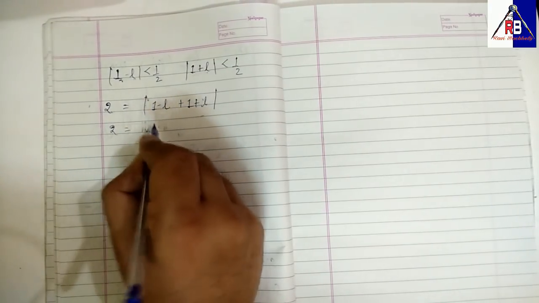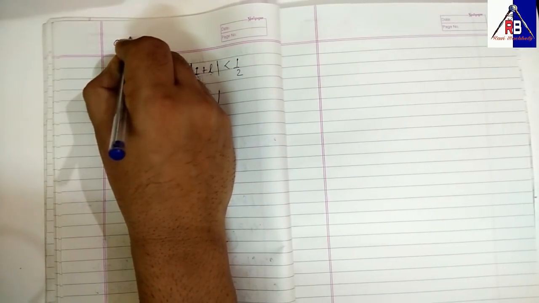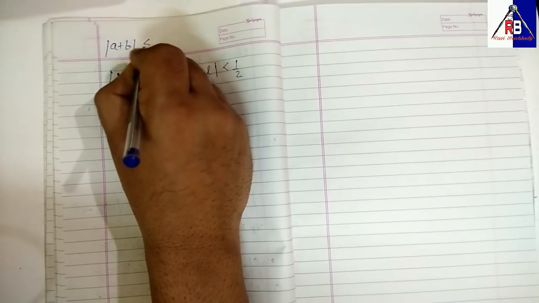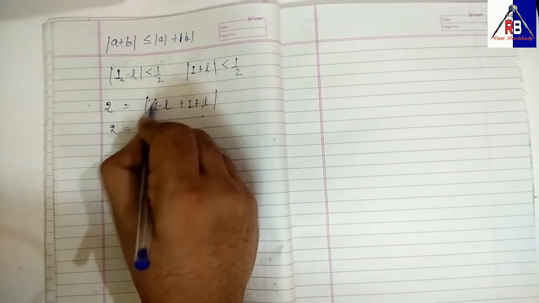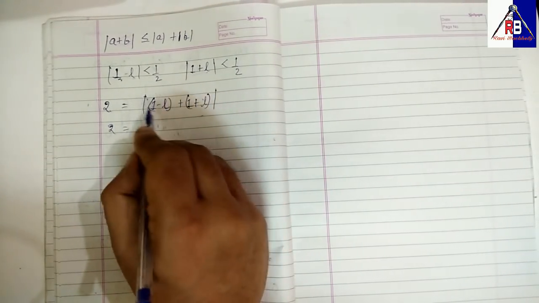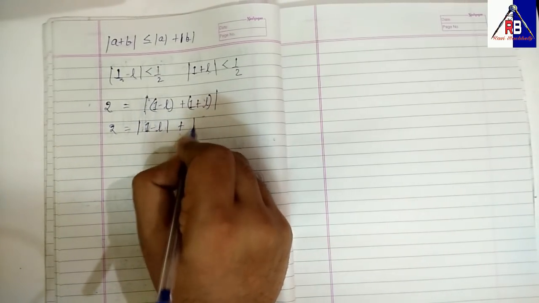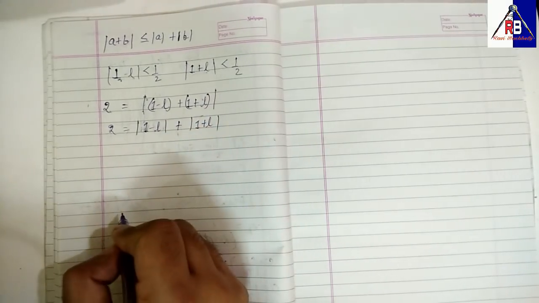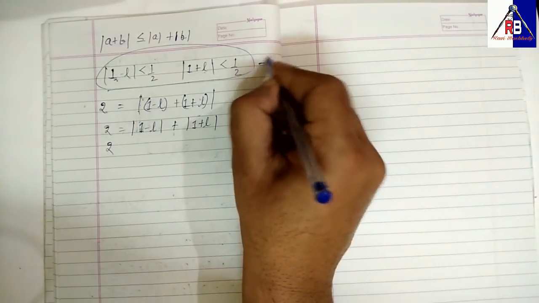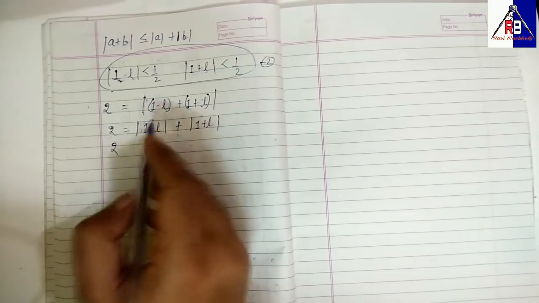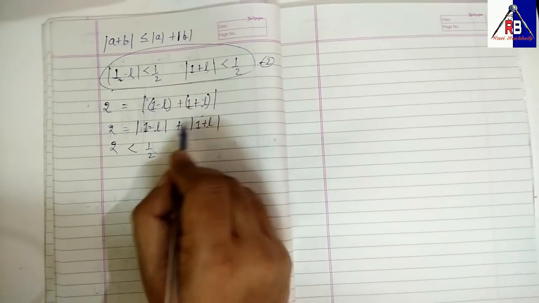Now you must be aware of the fact that modulus of A plus B is less than or equal to modulus A plus modulus B. So taking 1 minus L as A and 1 plus L as B, we know from the second equation that this thing is less than half, and this thing also is less than half.